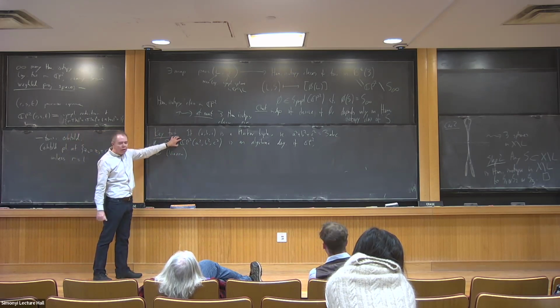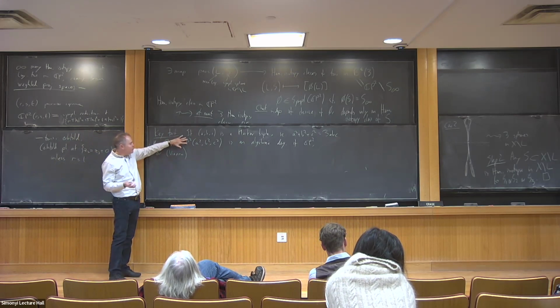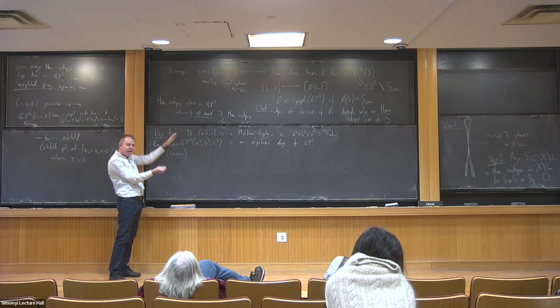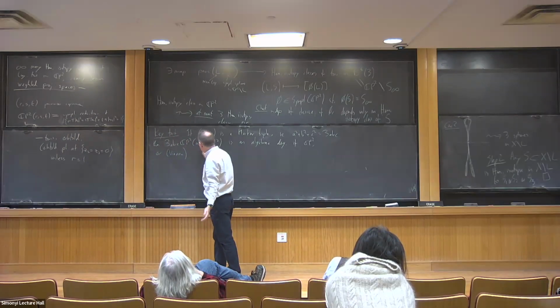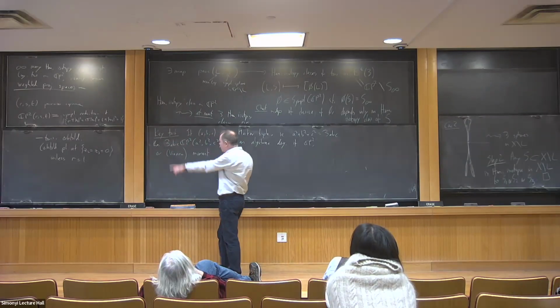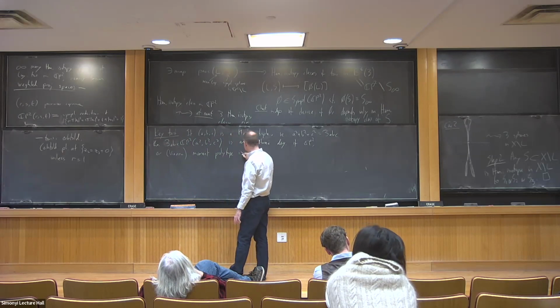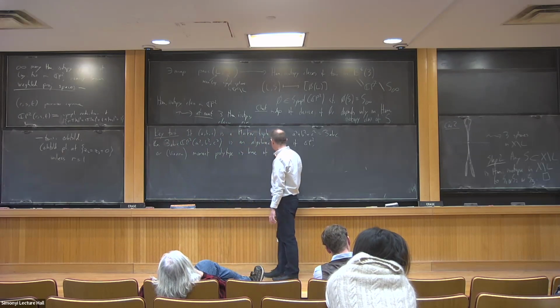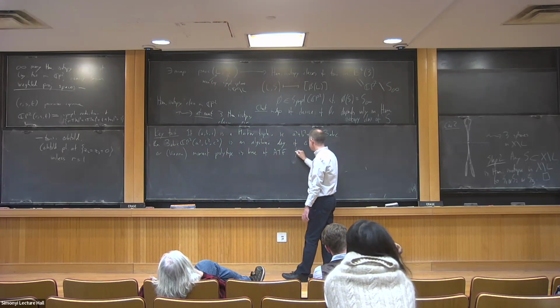If you know about almost toric fibrations, if you take the moment polytope, you can decorate it with nodes and branch points, and then you get an almost toric fibration for CP2. So these things have a moment polytope, and the moment polytope is the base of an almost toric fibration of CP2.